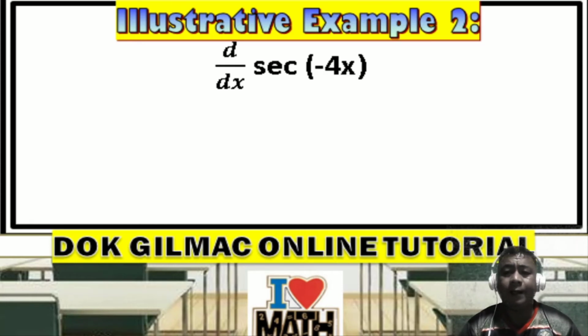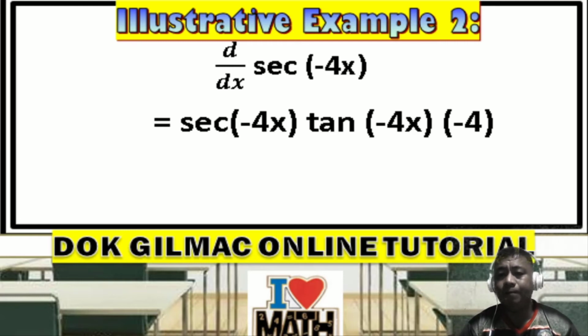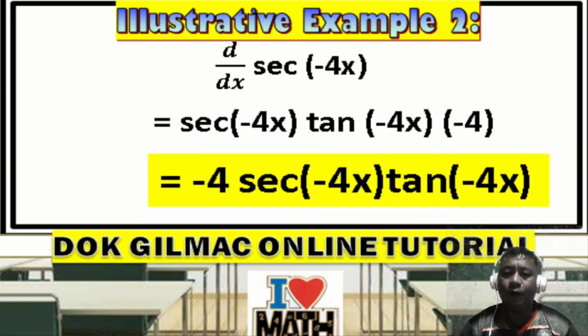So applying the derivative of secant function, this is just equal to secant of negative 4x tangent of negative 4x times the derivative of negative 4x, which is negative 4, since the derivative of x is 1. Simplifying further, this is just equal to negative 4 secant of negative 4x tangent of negative 4x.